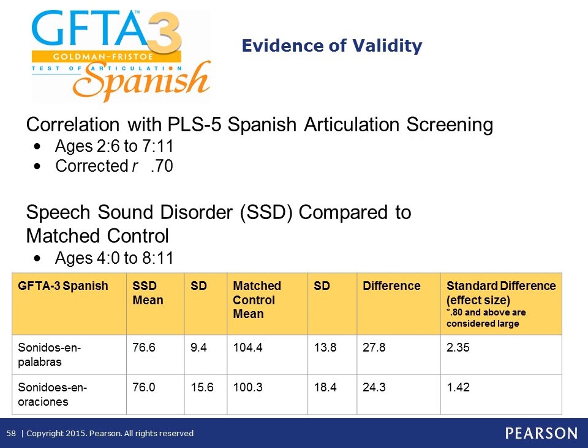If you look at the table below and scan to the right, you can see the reported effect sizes are large at 2.35 and 1.42 for sonidos en palabras and sonidos en oraciones respectively. These results highlight the ability of the GFTA-3 Spanish to discriminate between typically developing individuals and those with speech sound disorders.